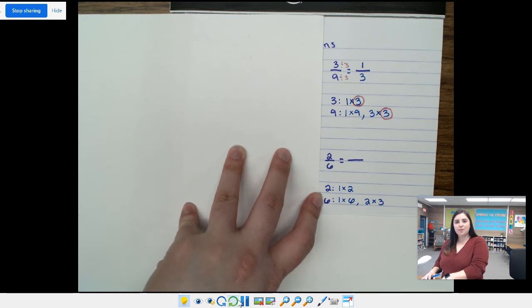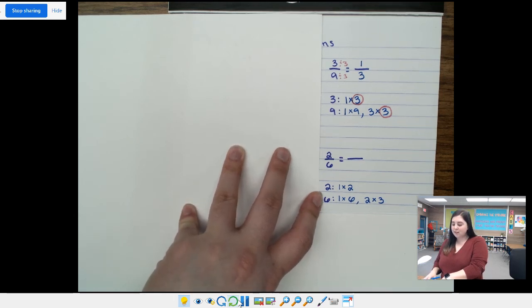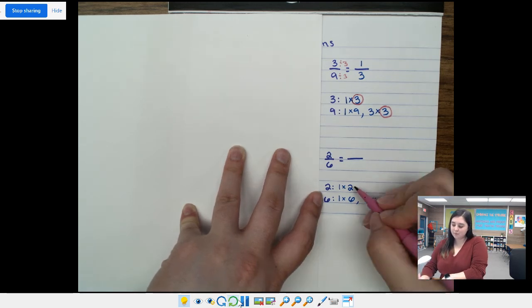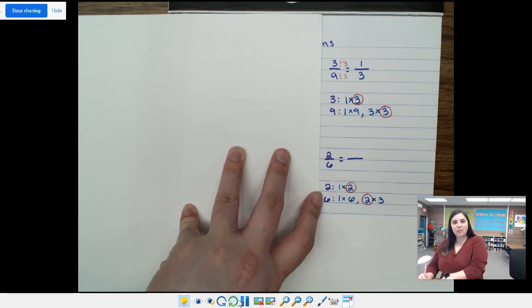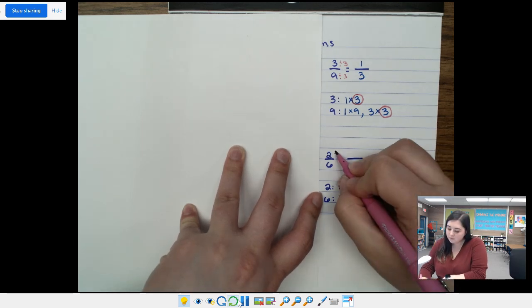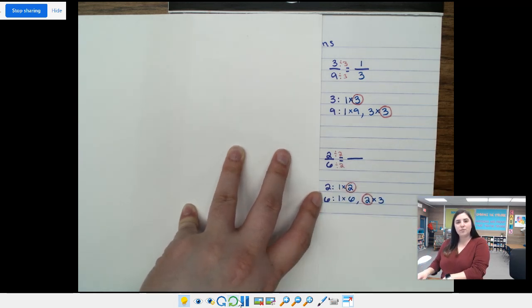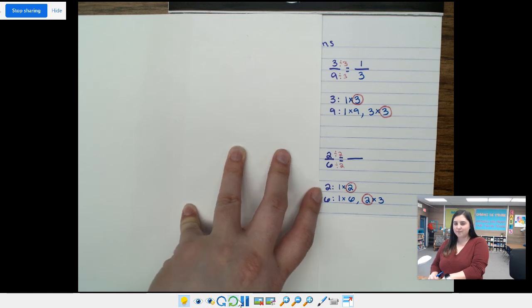That is it. All right, take a second, figure out which number is the greatest that they have in common. What is the greatest number they have in common? 2. So what are we going to divide by? 2. All right, pause if you need a moment to do your division. Find that equivalent fraction.